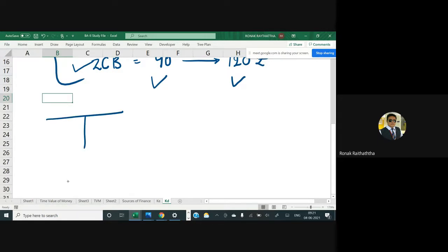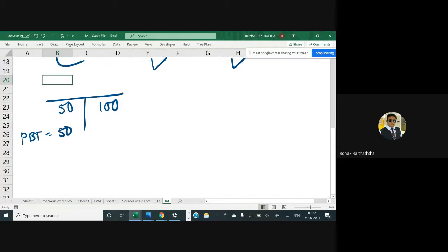Say 100 rupees is your revenue, and 50 rupees is all your expenses. So profit before tax is going to be 50 for you, right? Now this is the case where instead of taking the loan, you have issued equity.